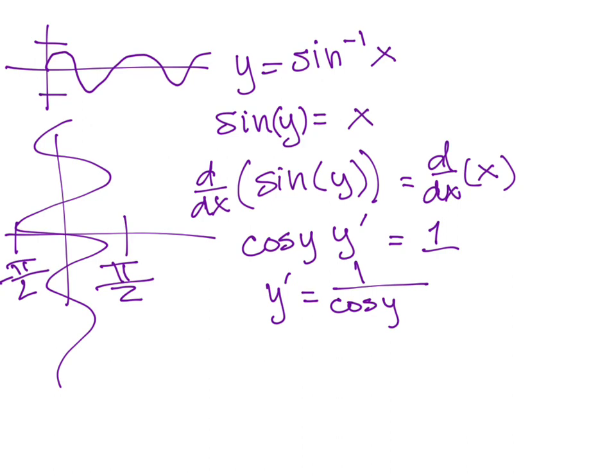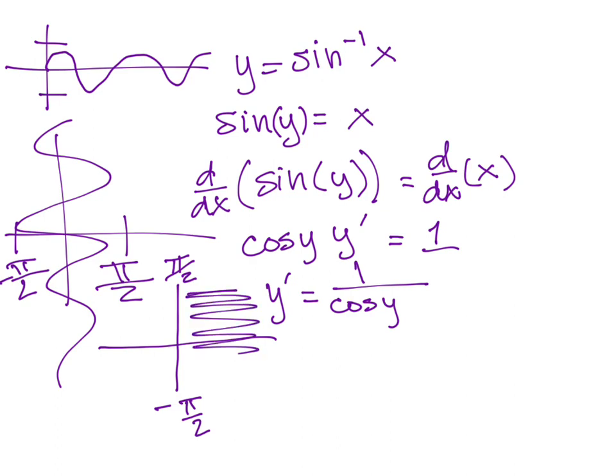They say that since our values are oscillating between negative pi over 2 and positive pi over 2, in this case, cosine is going to be greater than 0. The reason for that is, what is cosine of negative pi over 2? Let's look at our unit circle here. If I'm at negative pi over 2 or positive pi over 2, and I'm doing cosine, all of that is to the right of the y-axis.